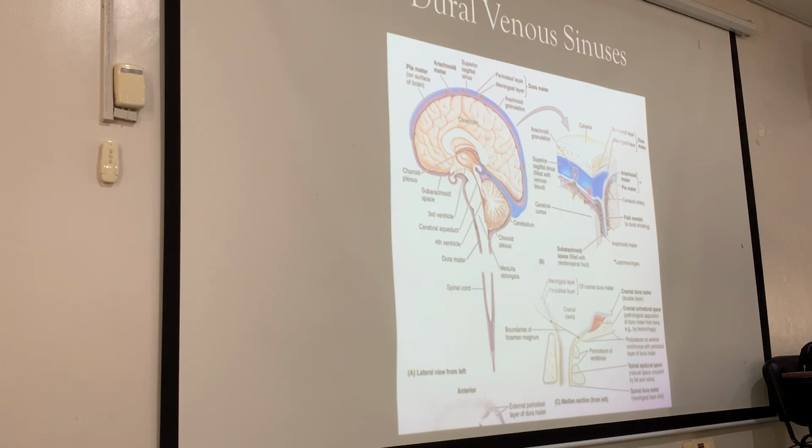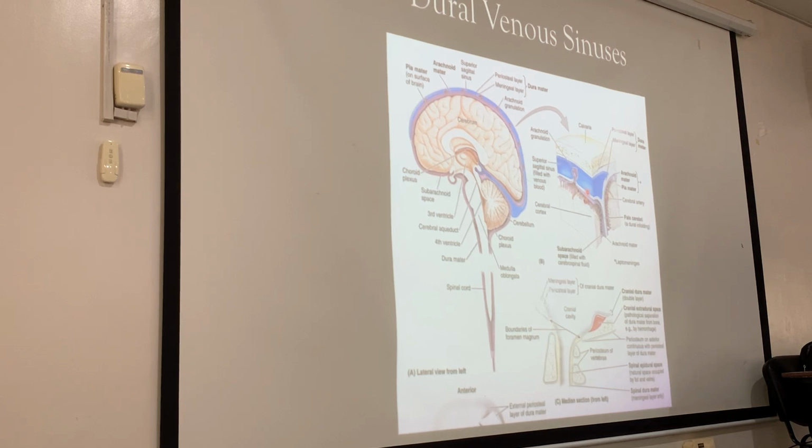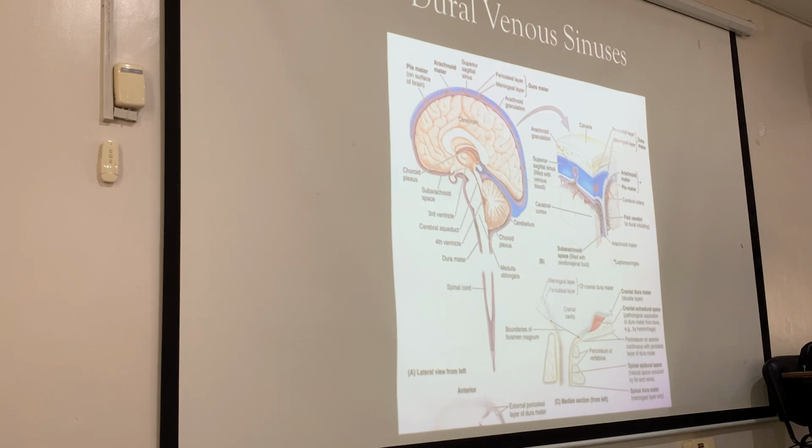Specifically, this is the superior sagittal sinus, just underneath our sagittal suture. So we have our sagittal suture in the midline. The dura underneath it separates to form the superior sagittal sinus.